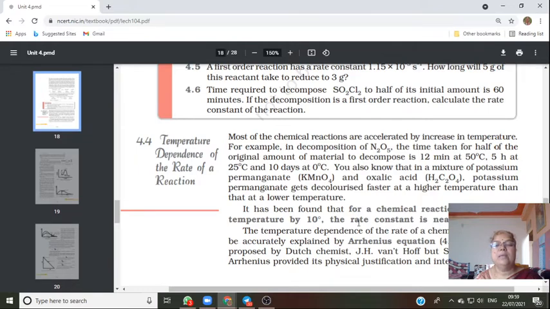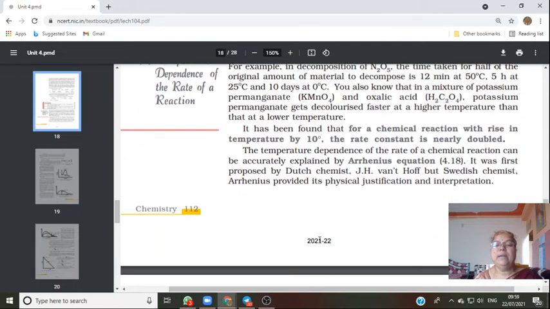That means the value of the rate constant gets doubled when we increase the temperature of the reaction by 10 degrees centigrade.